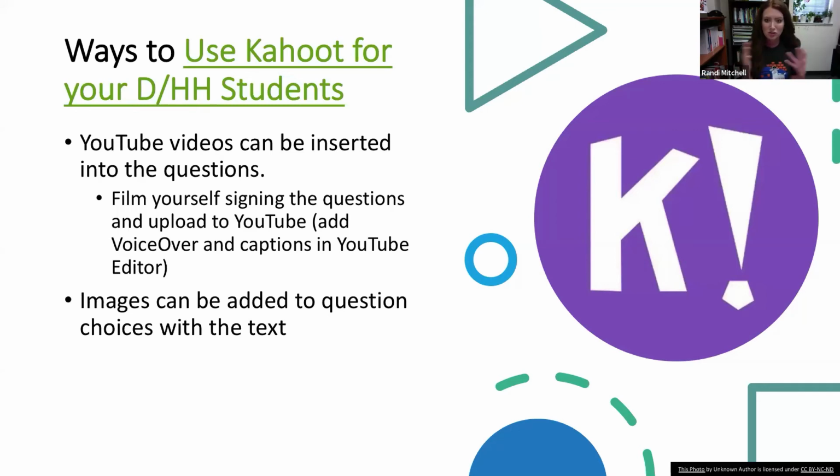So it's great that they have that aspect to it, so then it's accessible for all. In the questions, it does not have the ability to add video, but what Rocky Mountain Deaf School did is they took pictures of the kids signing it, and they had pictures of the sign for the word that was represented in the answer.